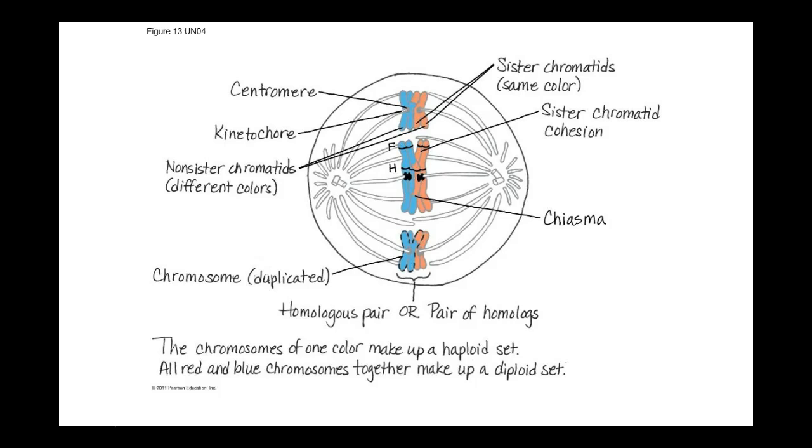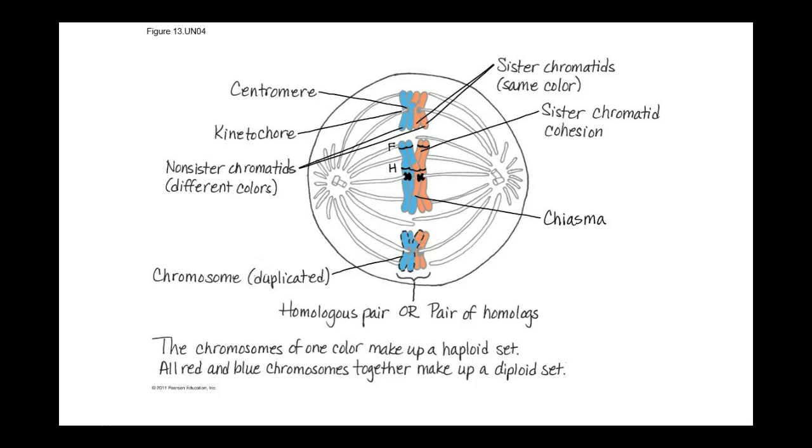What you're seeing is a pair of homologs that are ready to be split up in this process called meiosis. And then sister chromatids, sister chromatid cohesion. We talked about that a little bit. We're going to introduce an additional idea to cohesion.